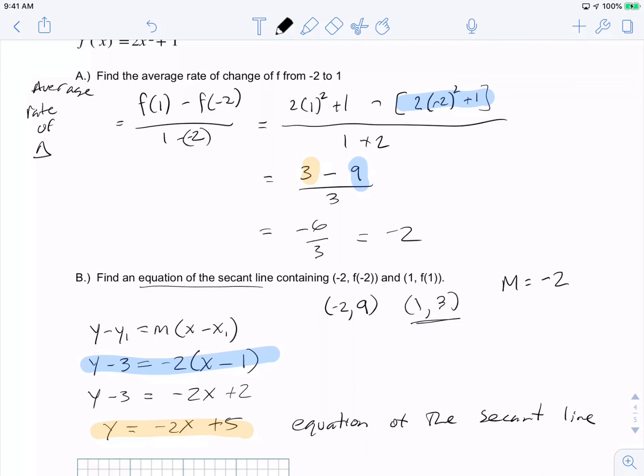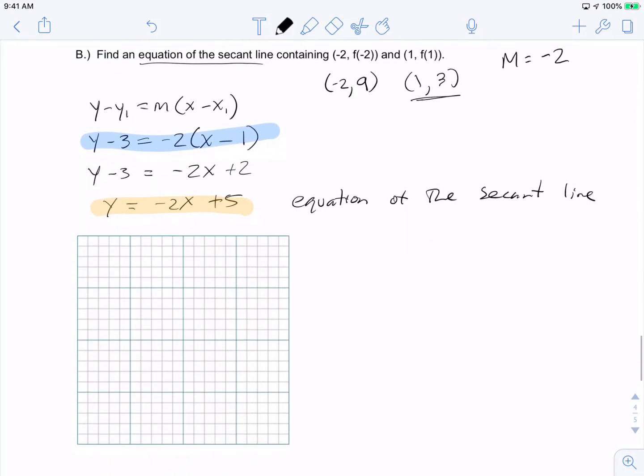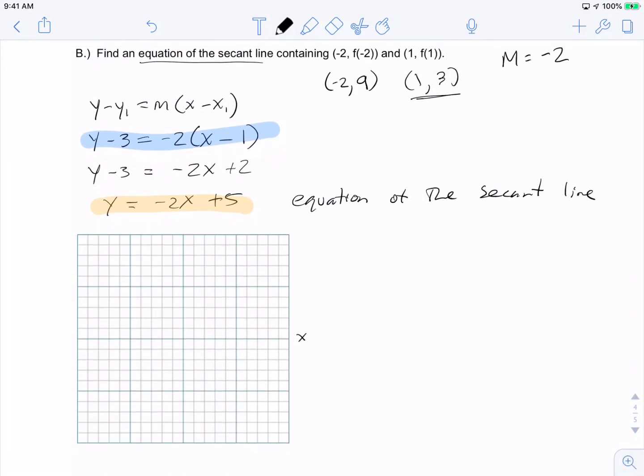Now, I want to go ahead and sketch this so you guys can see. So here's the x-axis, here's the y-axis, and for the function that we're given, we have these values at (1, 3) and at (-2, 9), which is up here, so we should have this and this.